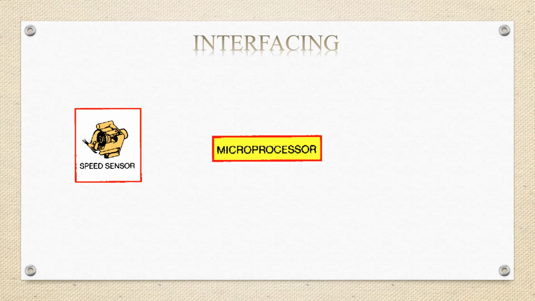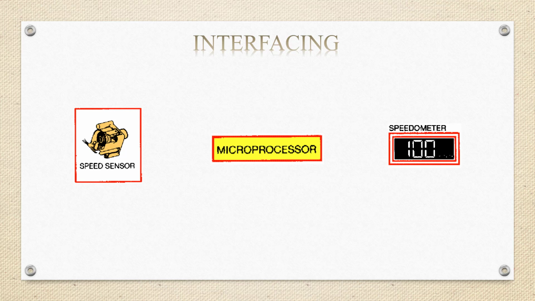Now, interfacing. Start with a speed sensor, a speed sensor that's going to count pulses. Maybe I have a crankshaft position sensor, and every time that crankshaft makes one revolution, it creates a pulse. And if I count those pulses and time those pulses, then I can relate that to RPM. Or in a lot of cases, as apparently what we're looking at here, I may have a sensor that works something like the crank sensor, but it's in the rear end, the drive axle, the differential.